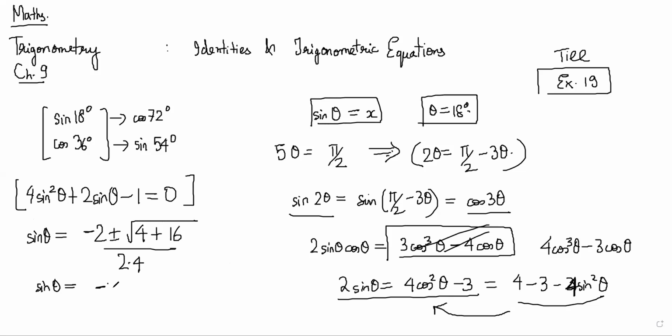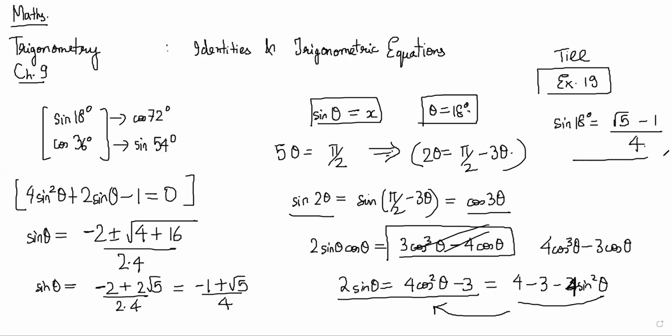So sine theta is minus 2 plus root 20, which is 2 root 5, over 2 into 4. It becomes minus 1 plus root 5 by 4. Now you have the value of sine 18 degree, which is root 5 minus 1 by 4.